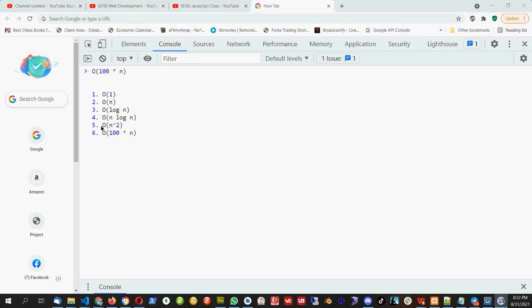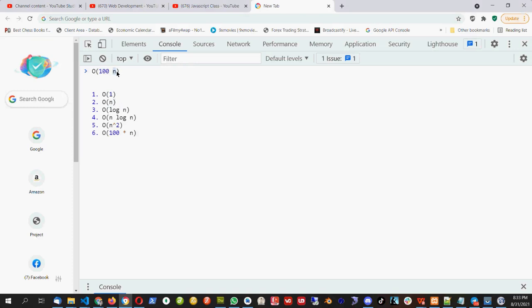Okay, let me give you the answer. Only one person said O(1), that is Ali, so I need to explain this. Though he saw the 100 and considered it as 1, that is not the case. If you have a constant, this is actually nothing but 100n. Yesterday I explained that even if you have 10n, 2n, 3n, 5n, it is exactly equal to O(n).